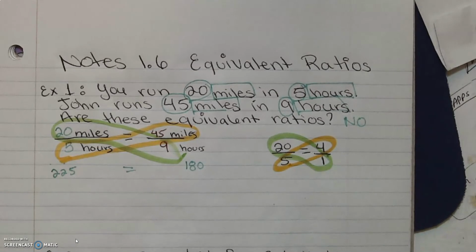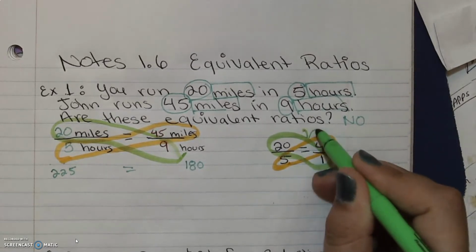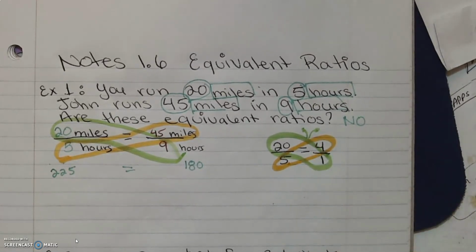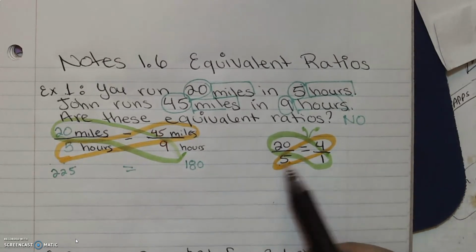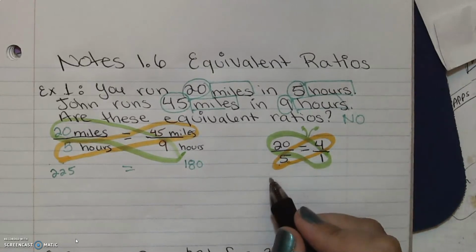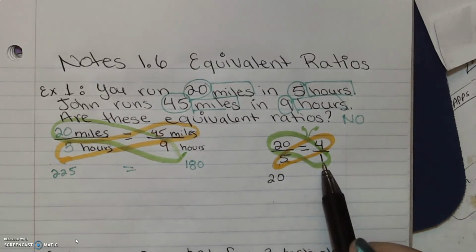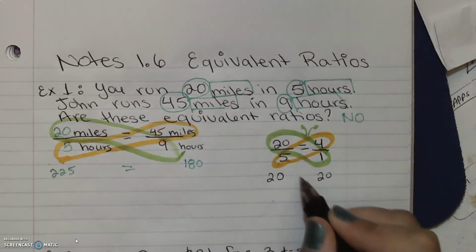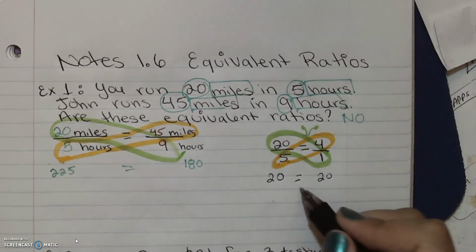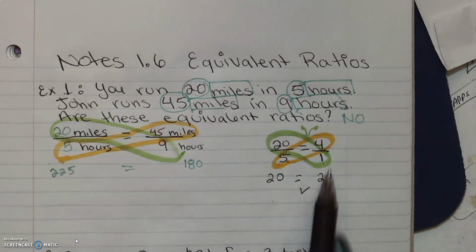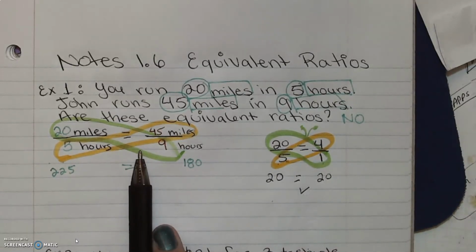And again, if you want to play around with it, do your little butterfly. So 5 times 4 equals 20. 20 times 1 equals 20. Are they equal? Yes. So this is equivalent, but not the first one.